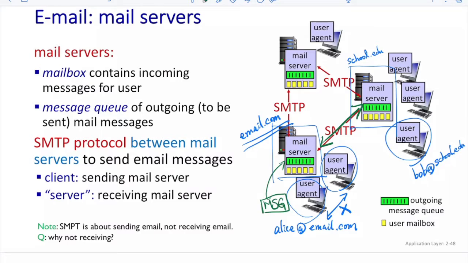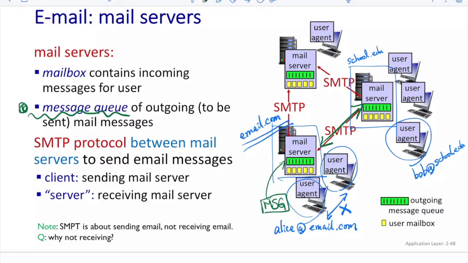So they will initiate an SMTP connection and send the email message from your local email server to the receiver's email server. But the email will be queued at the receiver's email server, like a mailbox.